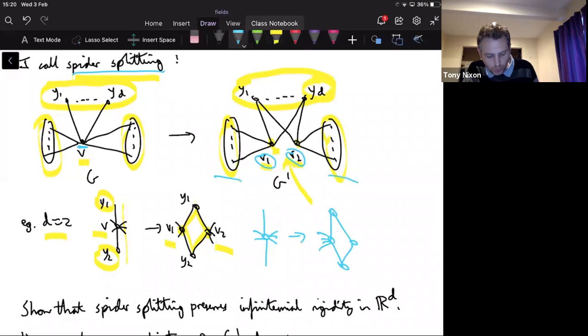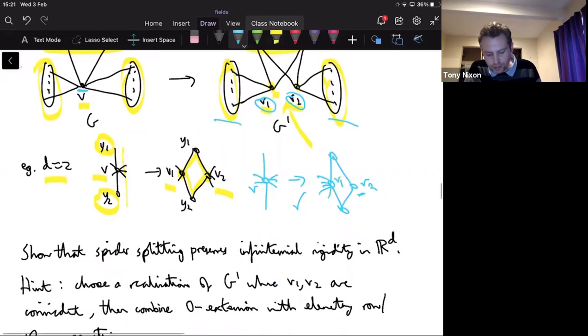I'm just going to leave them all on one side. So say there were 5 edges incident to V here, I'm going to put them all incident to V1 and just put V2 there. Then that operation is easy because this is a 0 extension, and we talked about this operation as preserving rigidity. And it still preserves rigidity if you put P of V2 on top of P of V1.